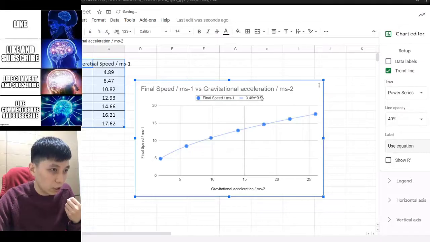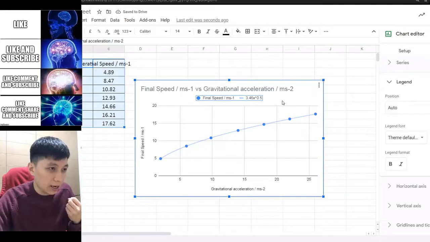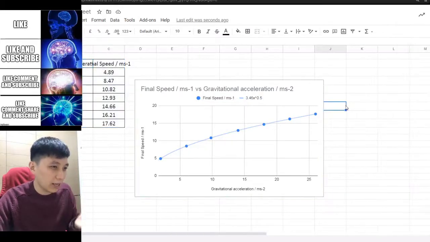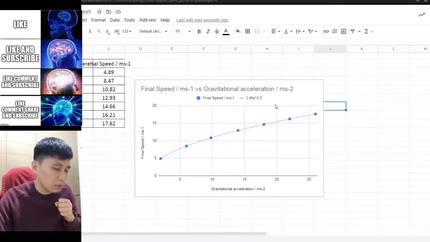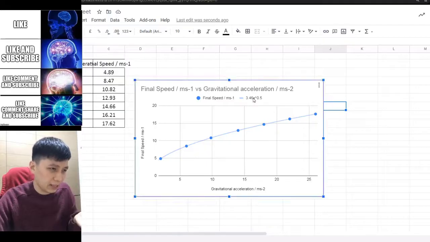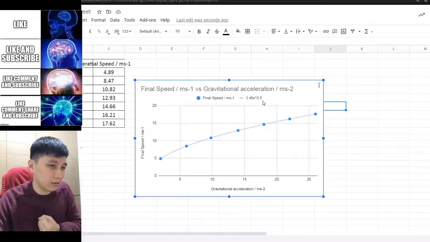And so here you can obtain the equation. I actually don't like how they display it. Here it actually means y equals 3.46 times x to the power of square root, basically. But I don't think I can edit it or give it more decimal places, because this is not exactly 0.5.